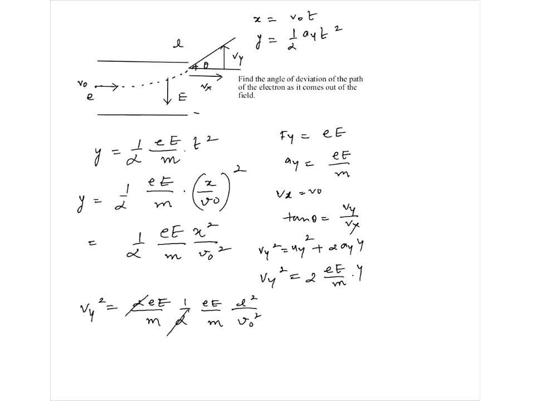That's it. Vy is known, which is E square, L square over m square, v naught square. So Vy is QEL by m v naught.